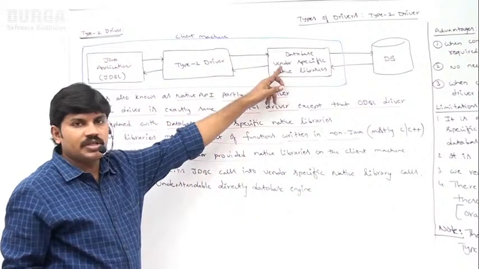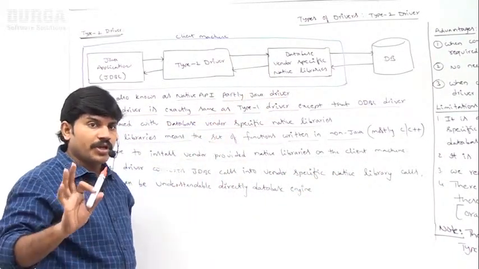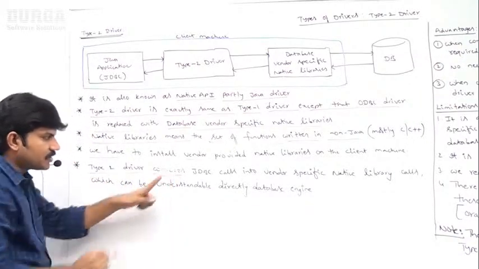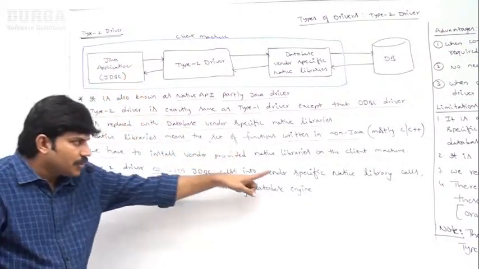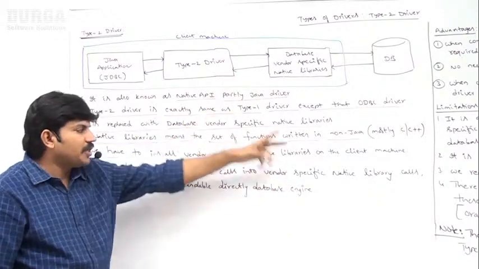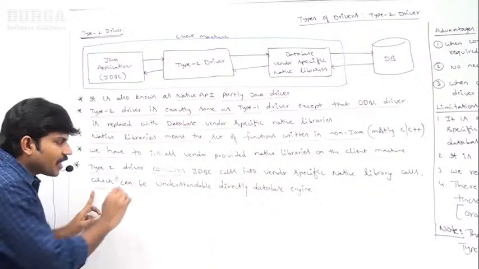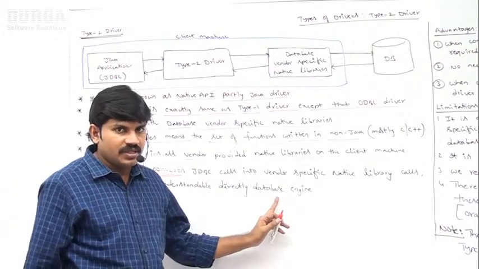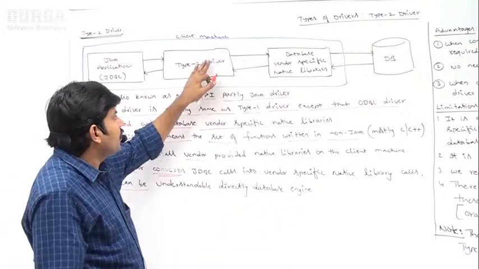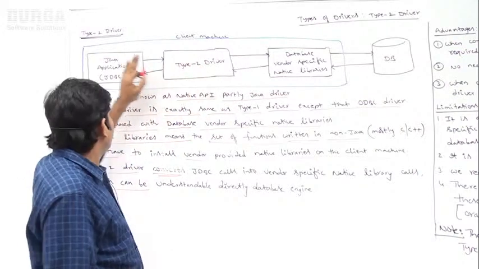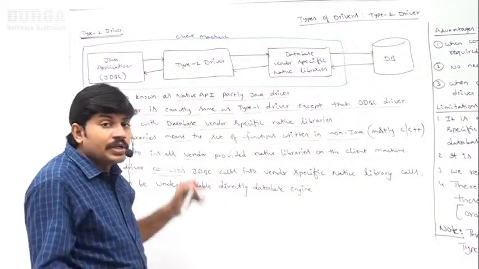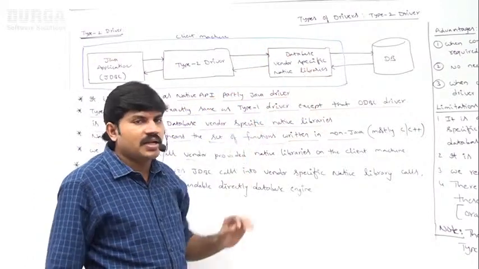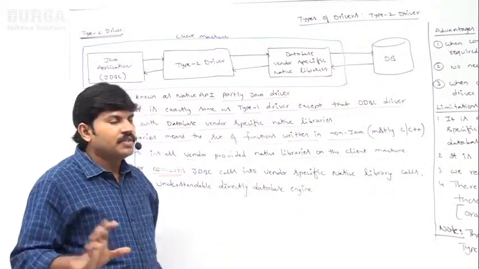Obviously, on the client machine, we require to install these native libraries. Observe: the type 2 driver converts JDBC calls into vendor-specific native library calls which can be understood directly by the database engine. Is it clear for all of you? That's all.